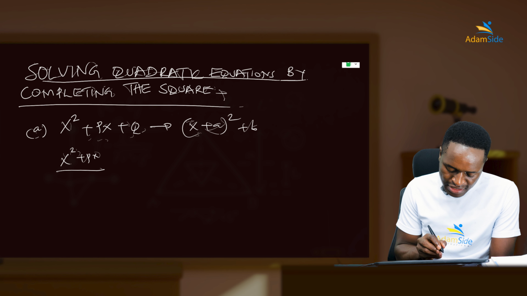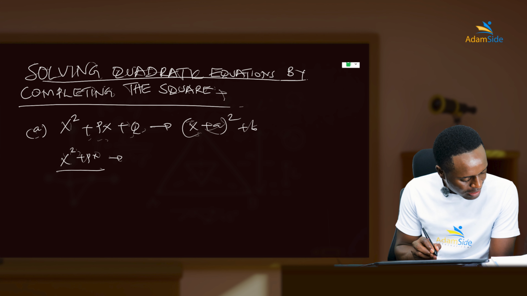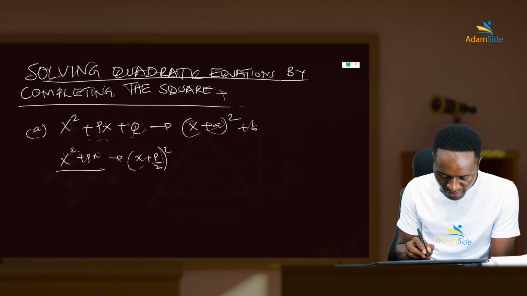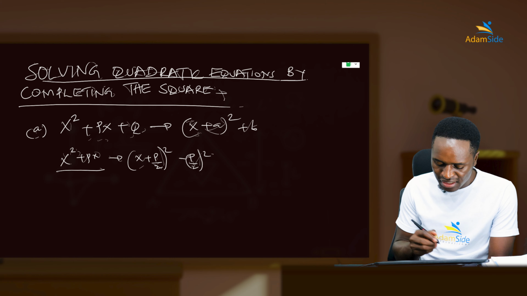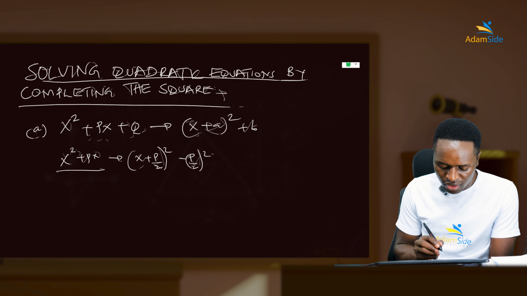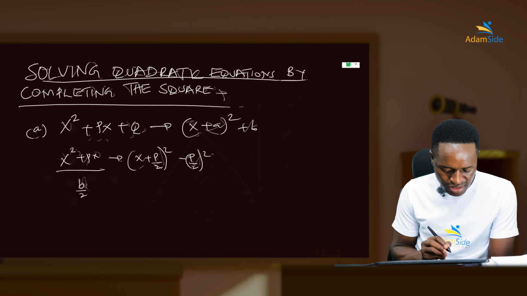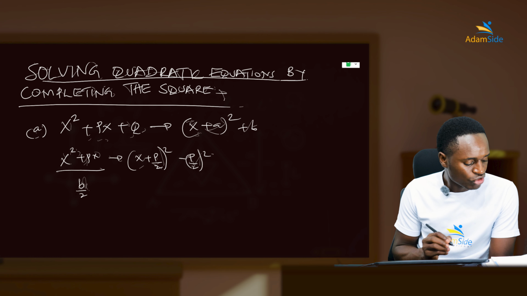How do we change it now? We will write it as x plus p over 2, squared, minus p over 2, squared, because that one is not part of the bracket. We take b over 2 to get the root, which is the same as taking b divided by 2.